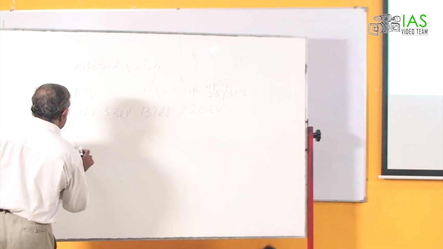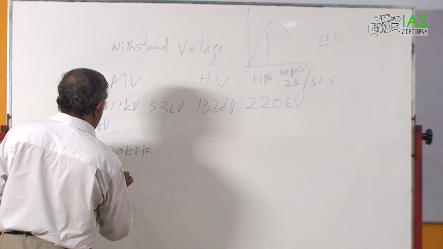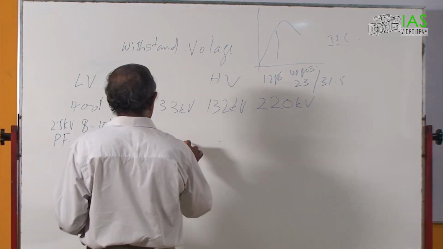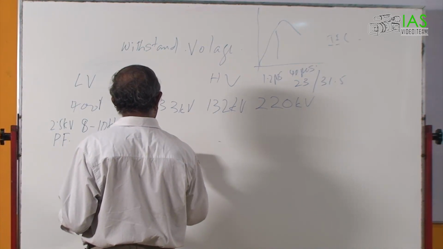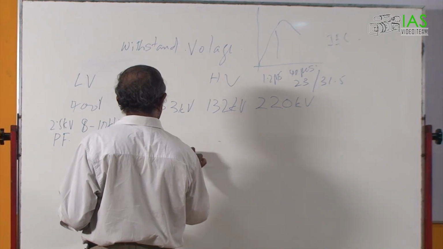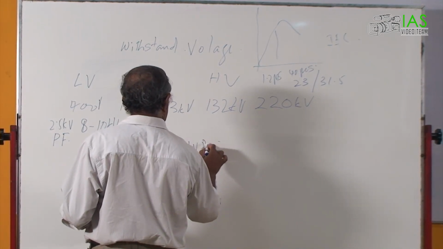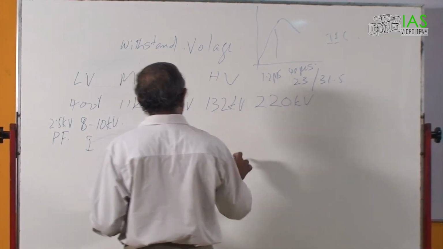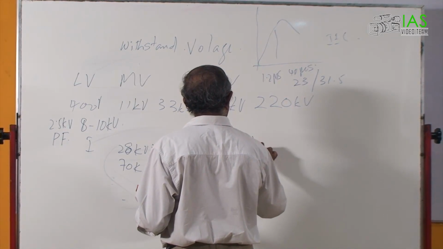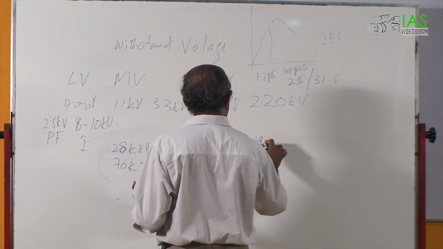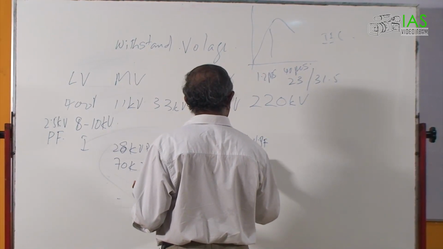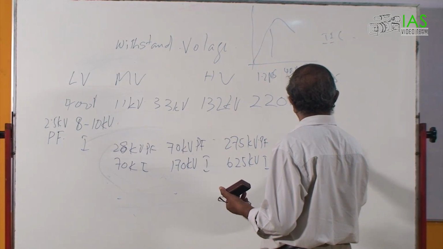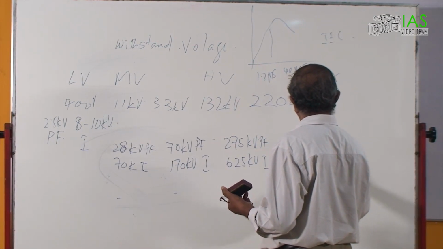Now, 11 kV has 28 kV power frequency and 70 kV impulse. 33 kV has a basic insulation level of 70 kV power frequency and 170 kV impulse. 132 kV has 275 kV power frequency and 650 kV impulse. 220 kV has 395 kV power frequency and 1050 kV impulse.